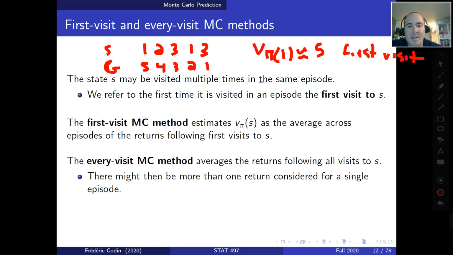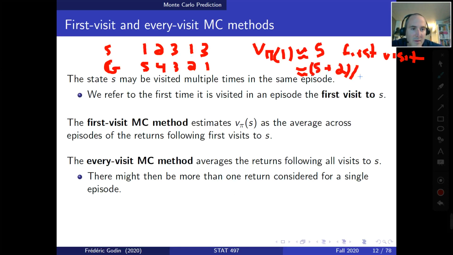So the every visit method, instead of averaging only across the first visits to state 1, you average across all visits to state 1. So your estimate would be, in that case, first visit, your return is equal to 5. Second visit to 1, your return is equal to 2.